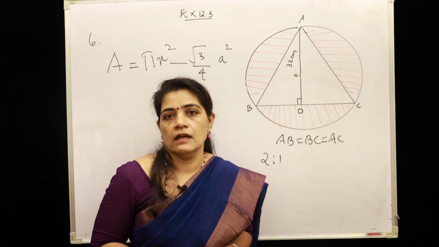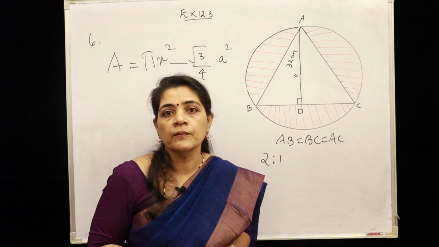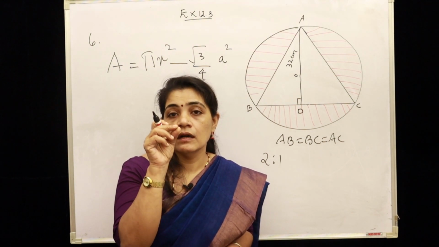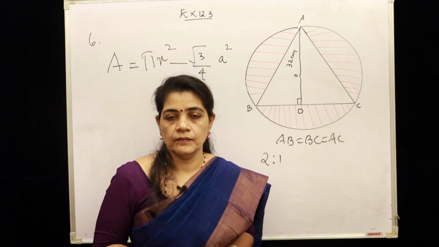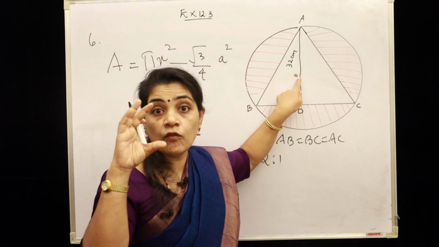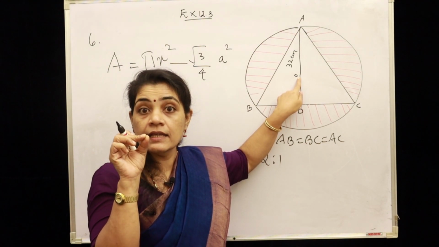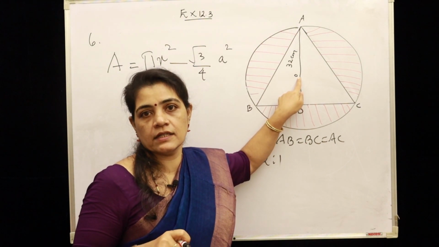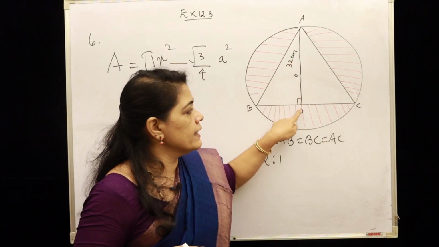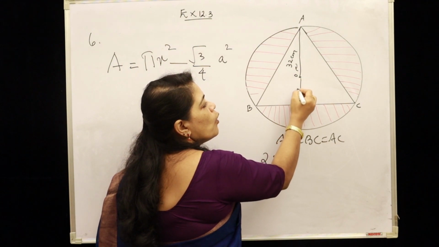Since the triangle is inside the circular table, the centroid will be the center of the circle. That means the center of the circle is the centroid of this equilateral triangle, and since the centroid divides the median AD in the ratio 2:1, AO is 2 parts and OD is 1.